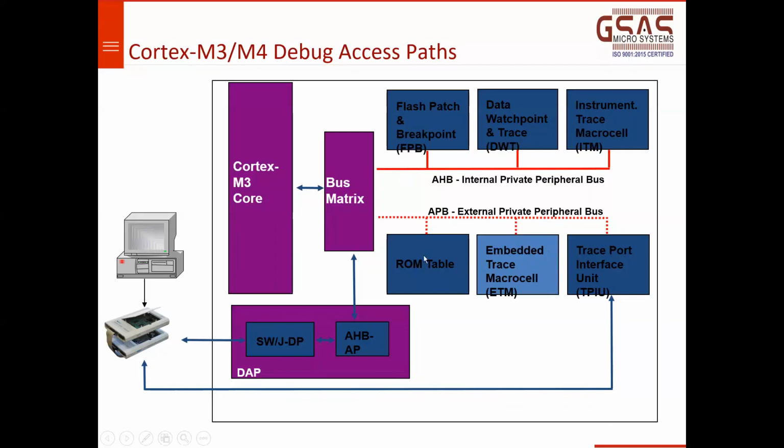Any blocks which get connected to the APB or external private peripheral bus may not operate at the same speed as the processor, because there is a bridge in between. If you program that bridge, you can make these blocks operate at the same frequency as the CPU, maybe half of it, 1/4 of it, 1/8 of it, basically to reduce the overall power consumption.